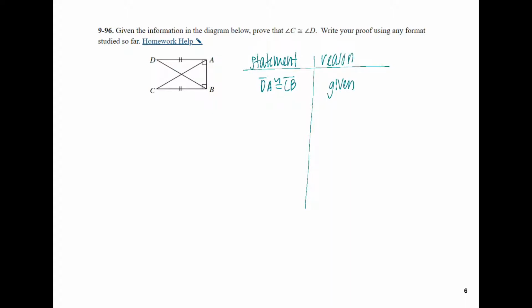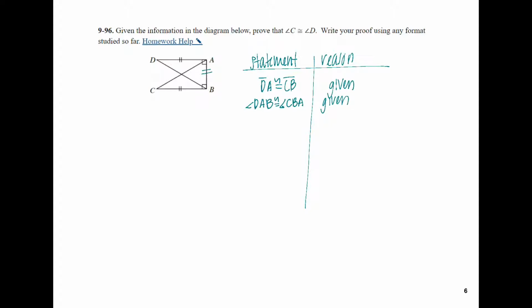We know that angle DAB is congruent to angle CBA because they are both right angles, and that is given.